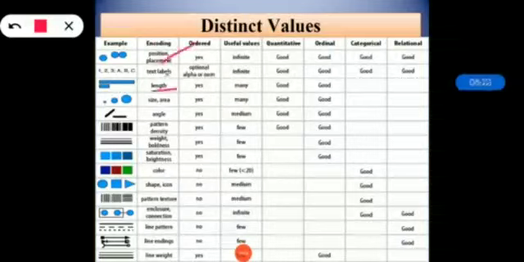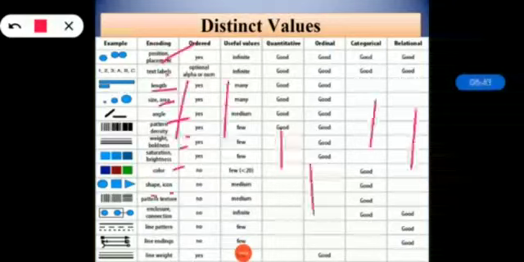For each example, the encoding's ordered useful values for quantitative, ordinal, categorical and relational data, and how it performs, are given. For size and area, angle, pattern, weight, color, shape and texture, we can see every one has its particular distinct values. So we consider how the differentiable values and ordering are similar to your data, and from that we choose the visual property.